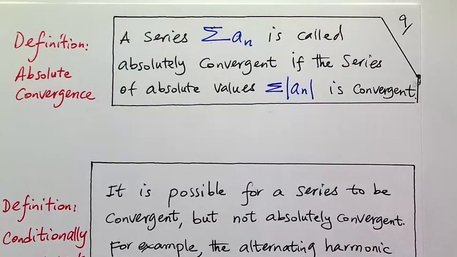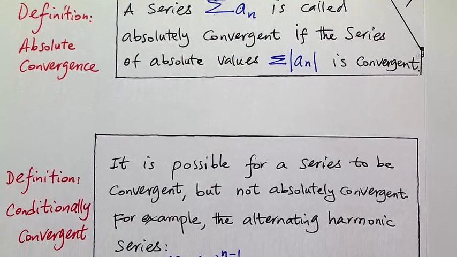By the way, absolutely convergent series means it is convergent in any case. If it's absolutely convergent, then for sure, if you include the negative and positive terms, not just the absolute value of the terms, it will also be convergent. So absolute convergence is a strong convergence.